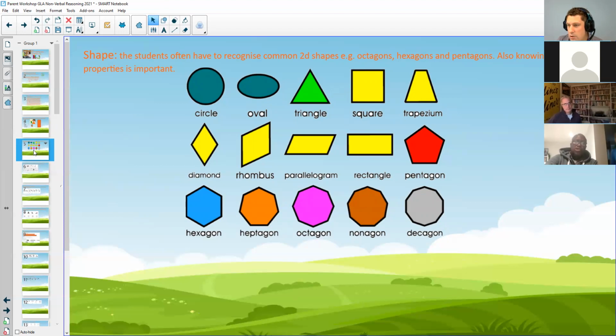So one of the things our tutors value hugely is not only children being able to get the right answer, but also being able to explain it as well. So one of the things we will develop as the years go on, whether they be year 4 or year 5 children, is ensure that they've got that vocabulary, because the vocabulary related to non-verbal is really important, because if a child can't articulate how they've got an answer, we'll never really be able to get around their understanding. So that's really important.